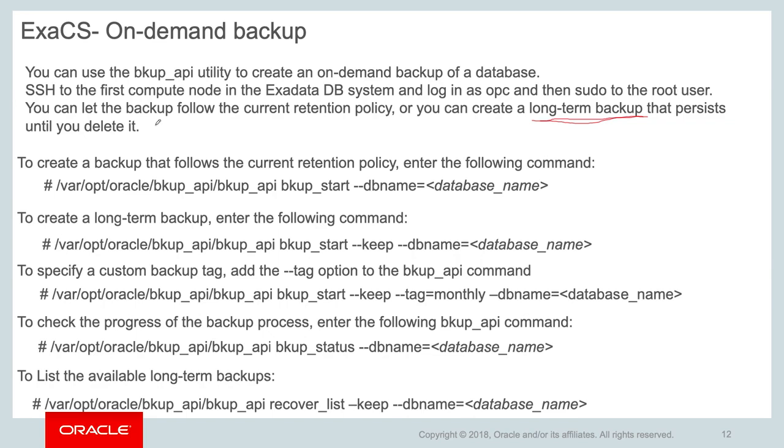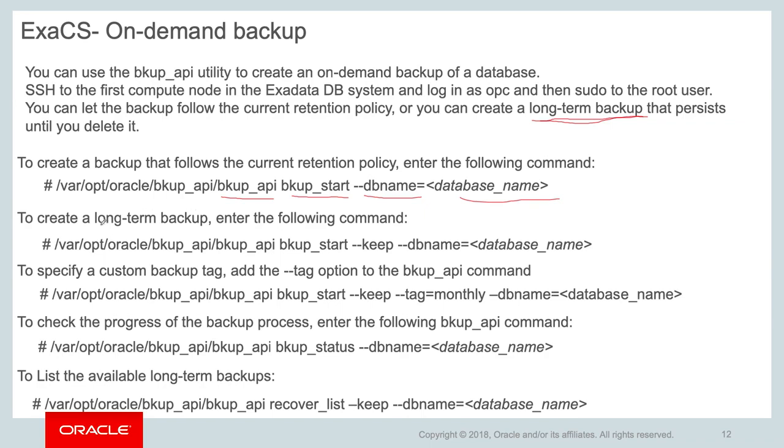Other backups which are getting done will be deleted based on your retention policy. So if you want to create a backup that follows the current retention policy, you just need to specify backup API with backup start and the database name equals database name tag. This will take a backup based on the current retention policy.